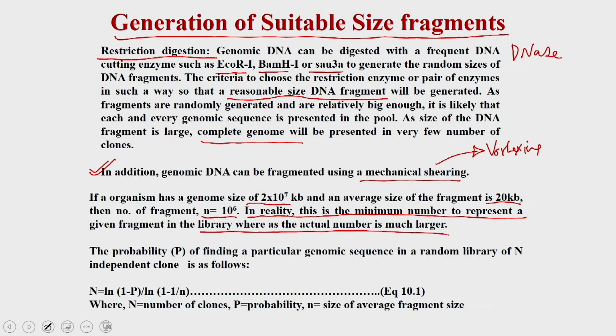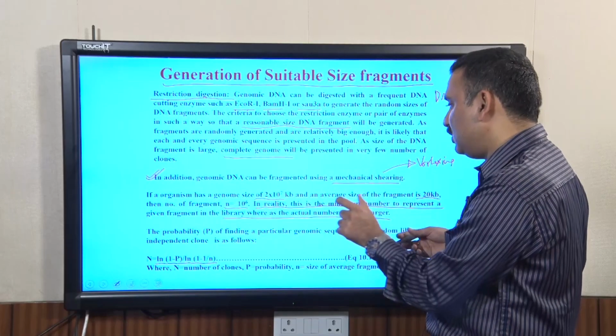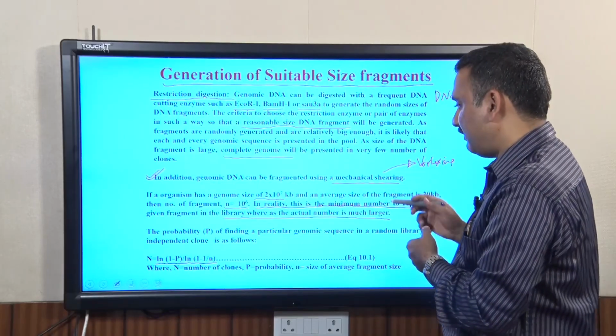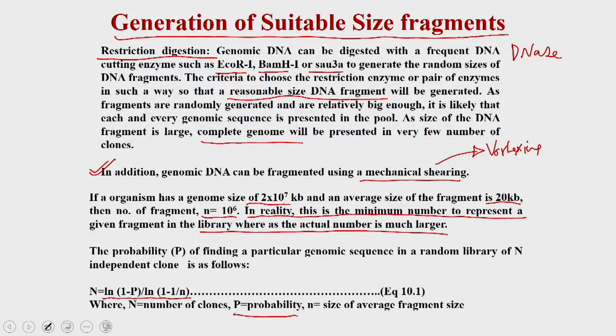Now, if you want to calculate the probability that you will find your gene fragment in an individual independent clone, you can use this formula, which says that the number of clones you need is N = ln(1 - P) divided by ln(1 - 1/n), where P is the probability, meaning the probability by which you are going to have an independent clone containing your gene fragment, and n is the size of the average fragment you are going to use to generate the genomic library.